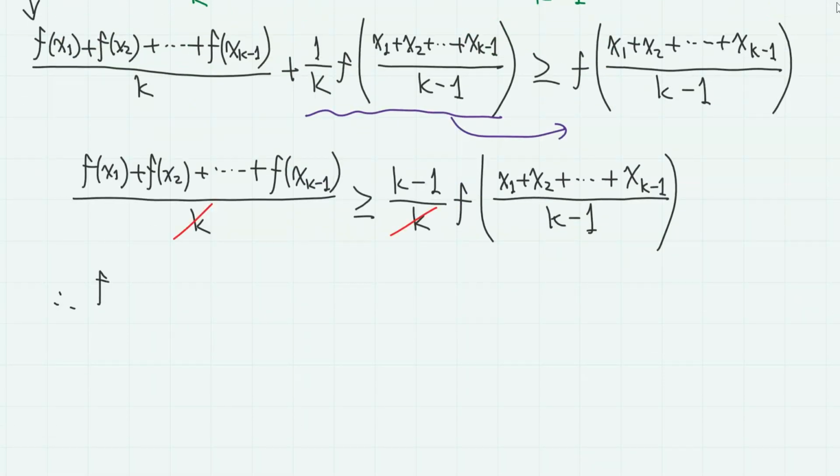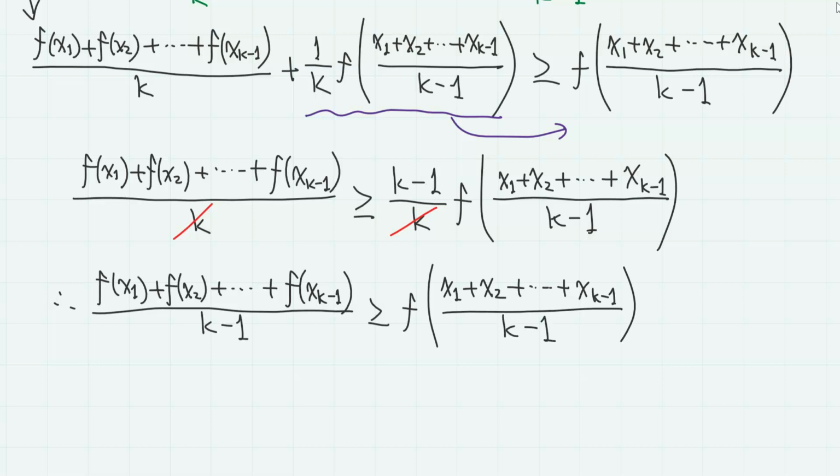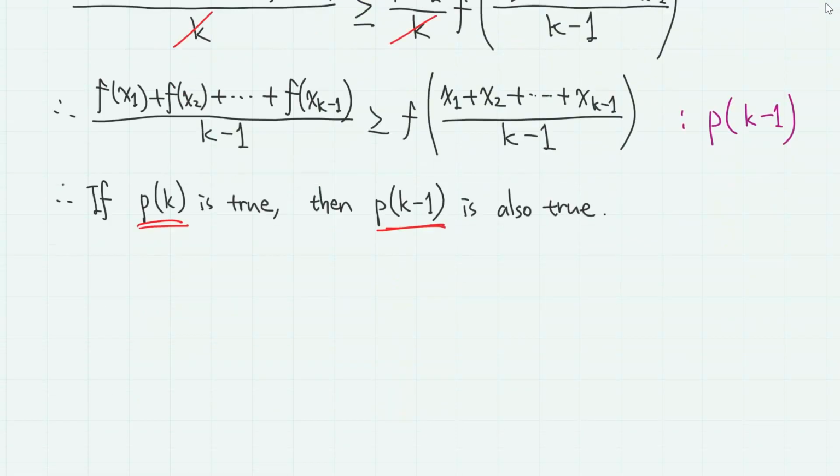So we finally have (f(x1) + f(x2) + so on + f(x_{k-1}))/(k-1) is greater than or equal to f of (x1 + x2 + so on + x_{k-1})/(k-1), which is the proposition P(k-1). Therefore, we have the second conclusion that if the inequality holds for k variables, then it also holds for the case of k minus 1 variables.